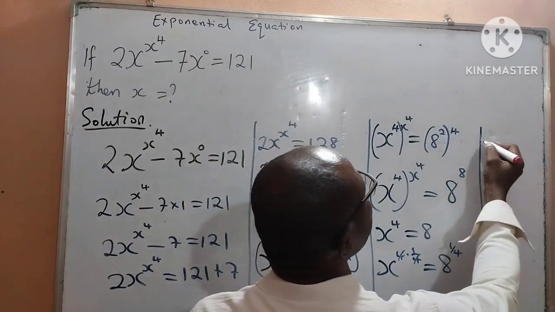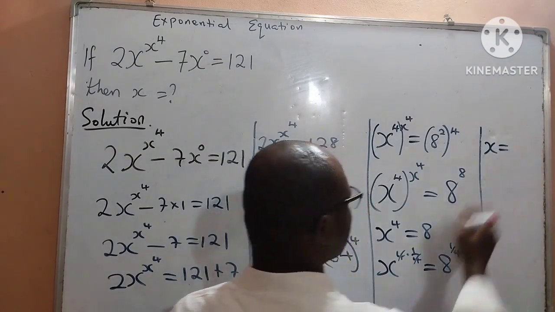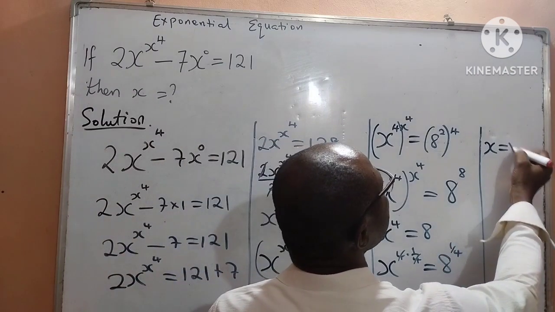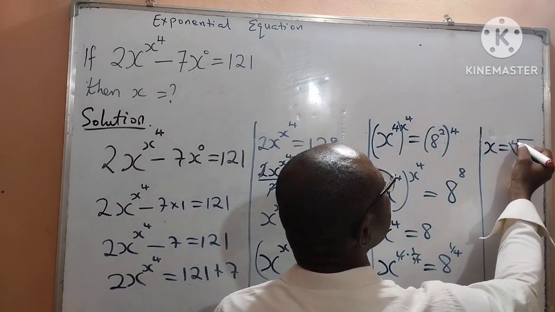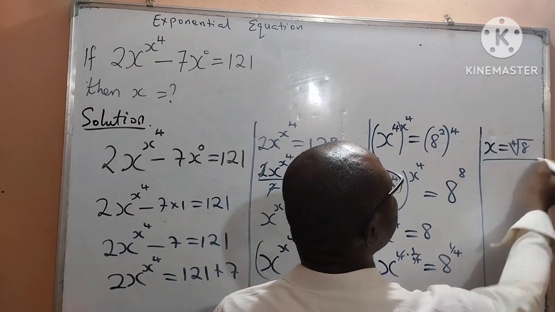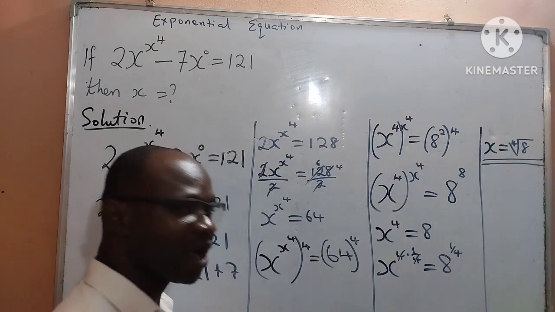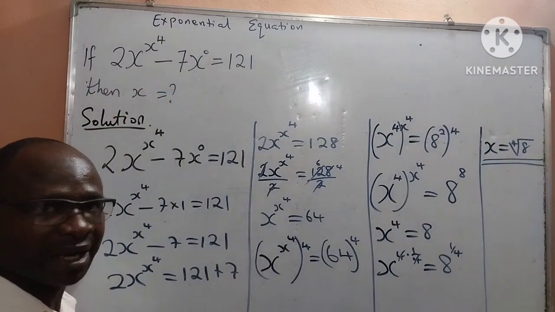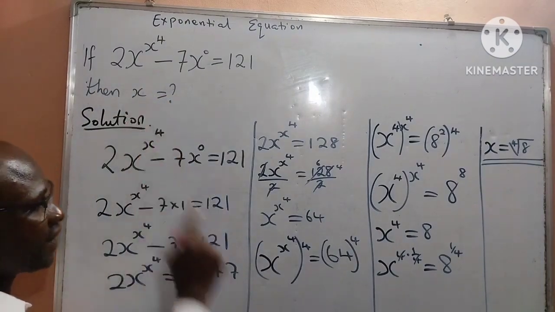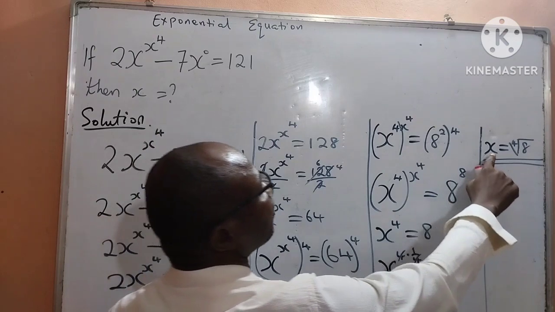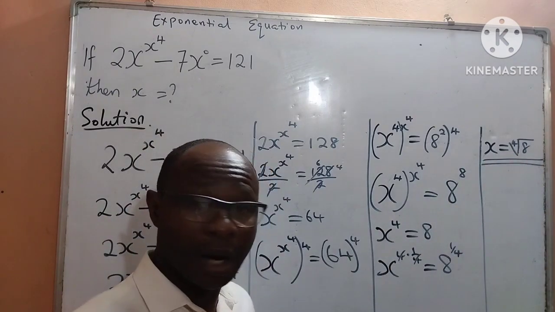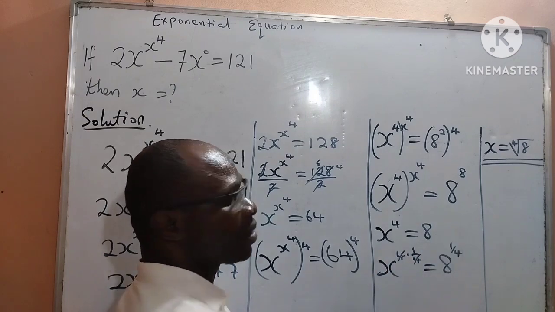So we now say that x is now equal to 8 raised to the power 1 over 4, which can also be written as the 4th root of 8. Final answer. Alright. So, in the question that we are given to find the value of x, we have gotten the value of x, and it is the 4th root of 8, or 8 raised to the power 1 over 4.